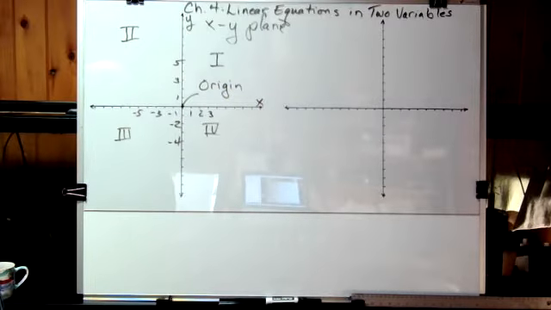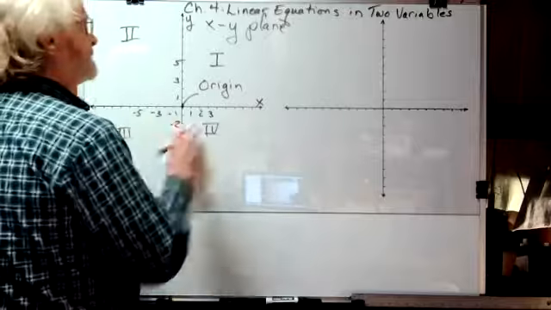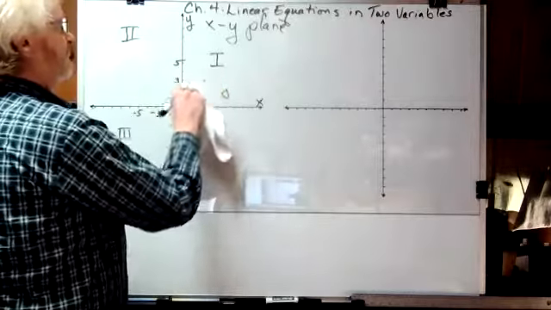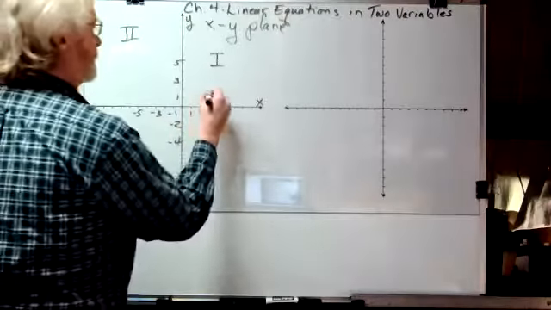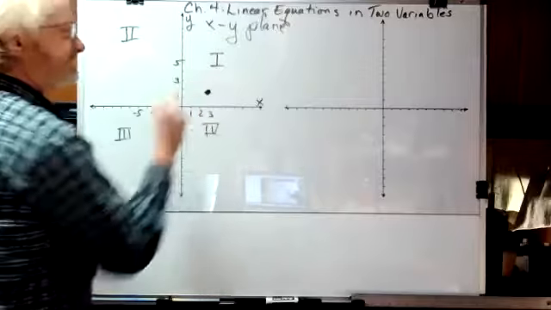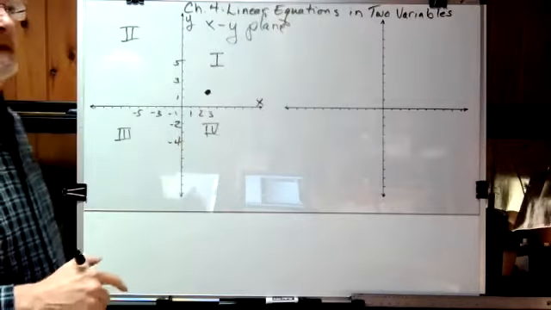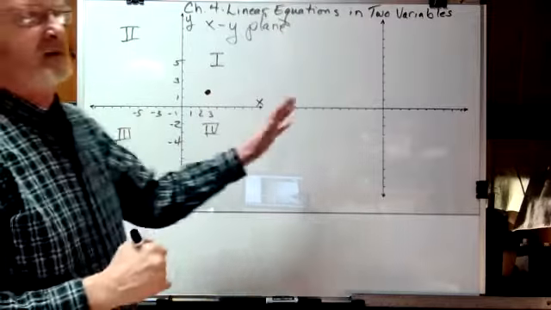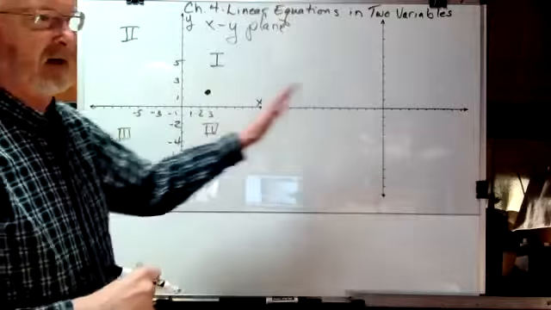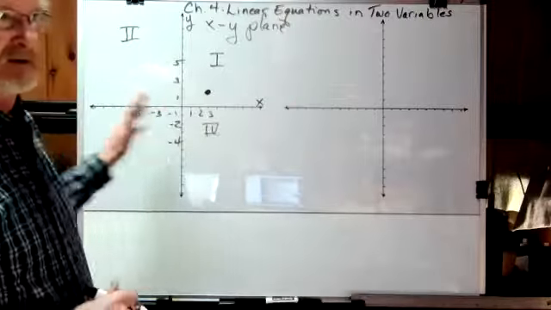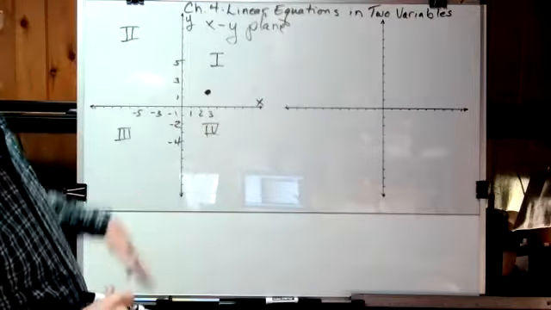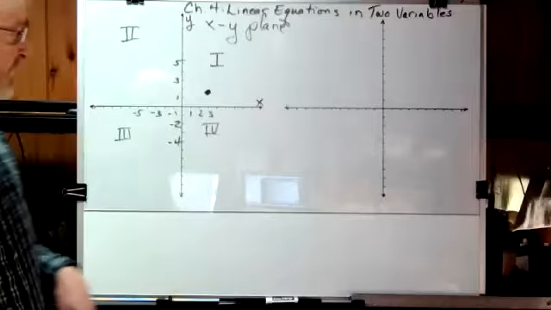Now, if I think about a position in that plane, like what if I put a point out here somewhere in the middle? It has now both an x dimension, how far in the x direction, left or right, horizontally did I move, and a y dimension, how much up or down did I move.